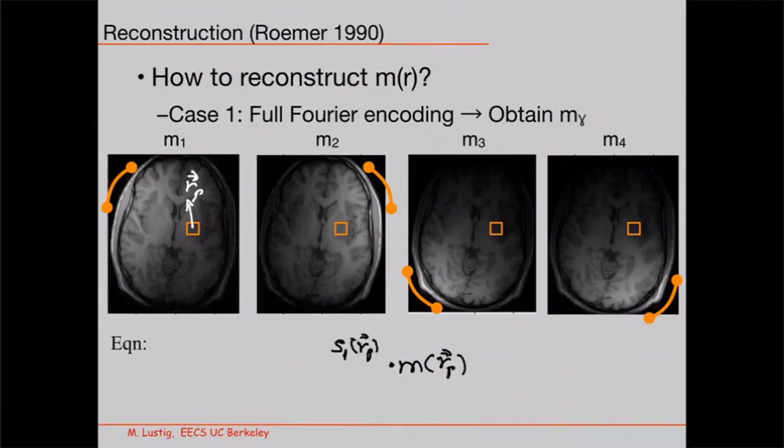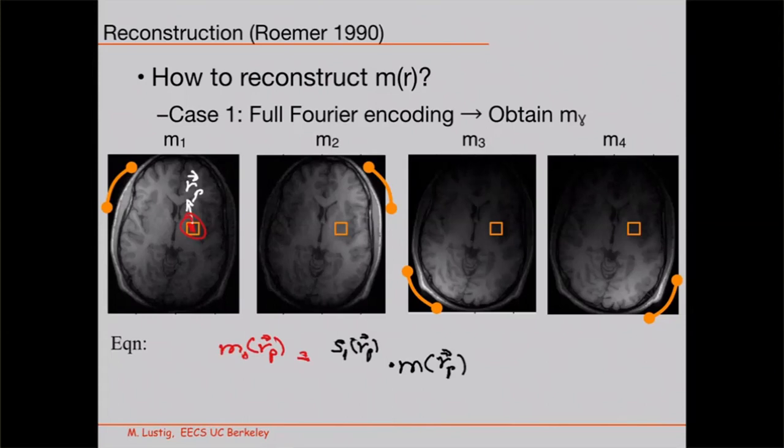And that gave me the image M1 at position RP, which is really this voxel over here. That voxel is M of RP multiplied by S1 of RP, which gives me M sub 1 at position RP.